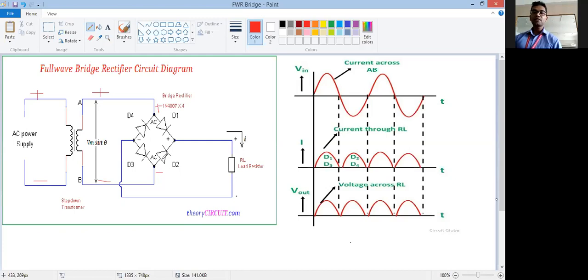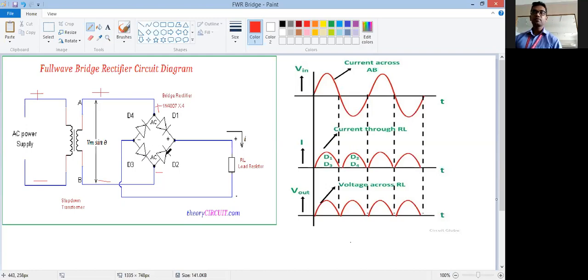So in reverse bias condition, there is a cross connection, P2N and N2P. So D2 is reverse, and for D3, the N type material is connected to the negative terminal, so this is N to N. So this is forward. So in summary, D1 and D3, these two are forward, and D4 and D2, these two are reverse.